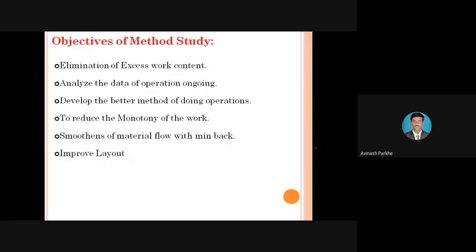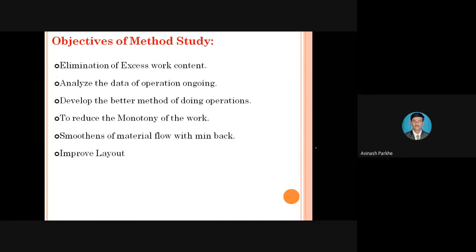Then it reduces the monotony of the work. Whatever repetitive work is done by the man, or repetitive movements of the material take place, that can also be reduced using this method study concept. Then the fifth one is material flow with minimum backtracking. Sometimes the material moves from one workstation to another, then from second to third, third to fourth.